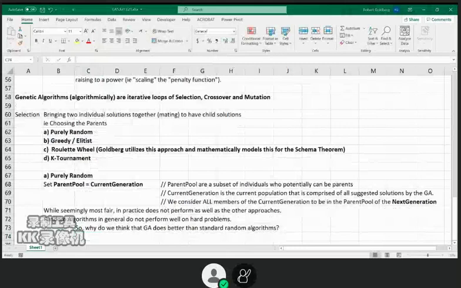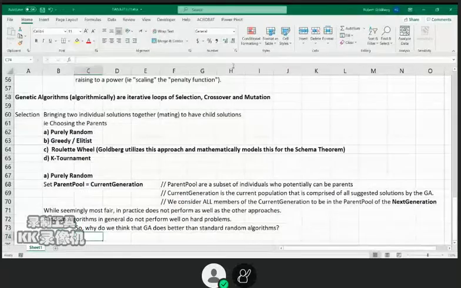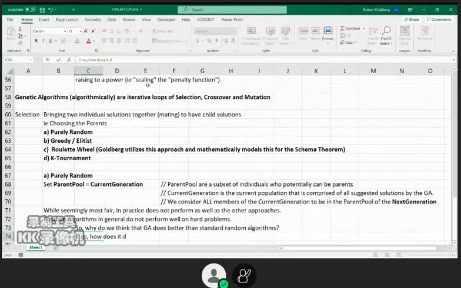If random doesn't do that well and GA is random, why do we think that it generally does well when it can? And specifically, how does GA differ from random algorithms?